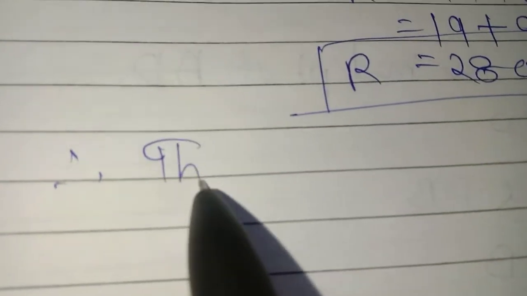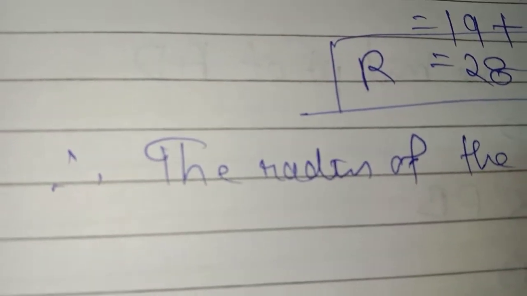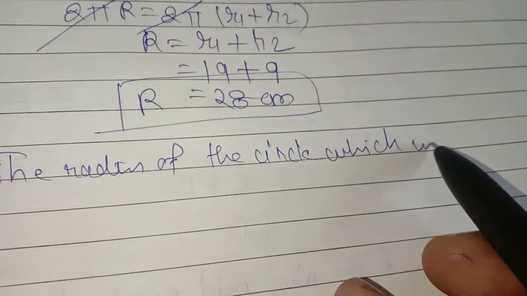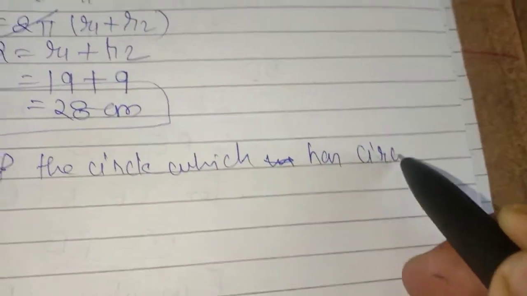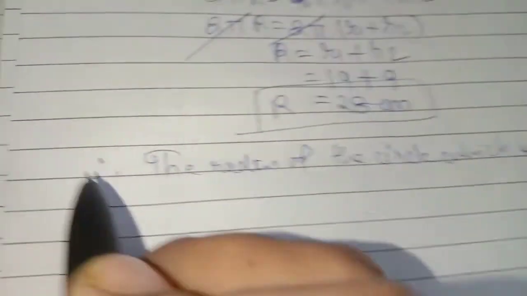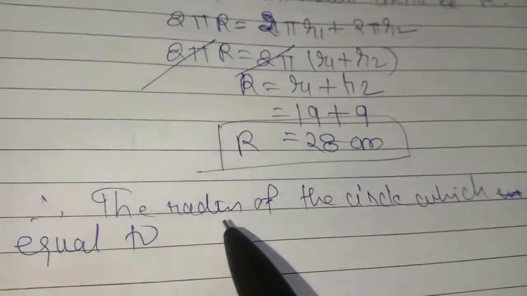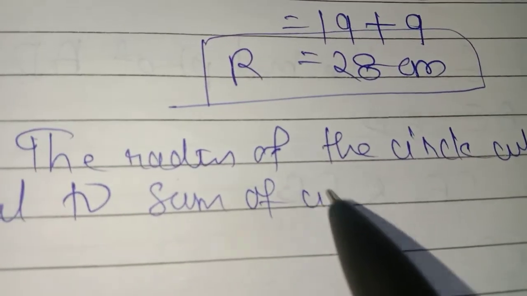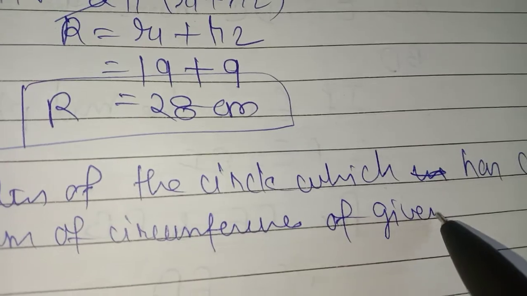So how will we write the answer? Therefore the radius of the circle which has circumference equal to the sum of circumference of given circles is, how much is it?